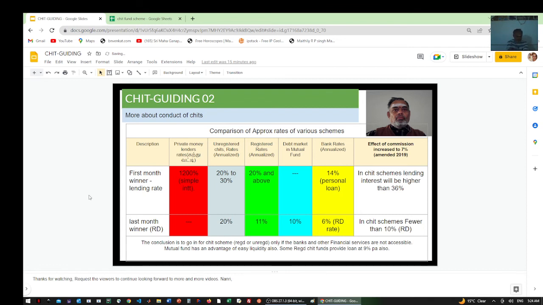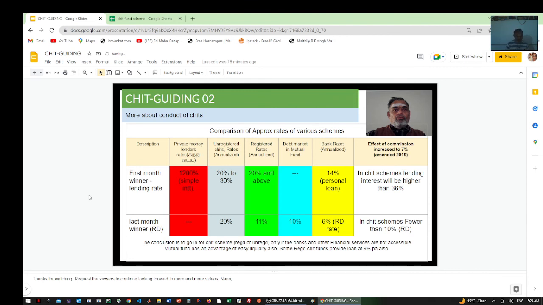In case of unregistered chits, the last month winner gets around 20%, and in case of registered chits, only around 11%. On the other hand, if you invest in the debt market, SIPs can fetch around 10%, while bank rates give just around 6% recurring deposit rate.